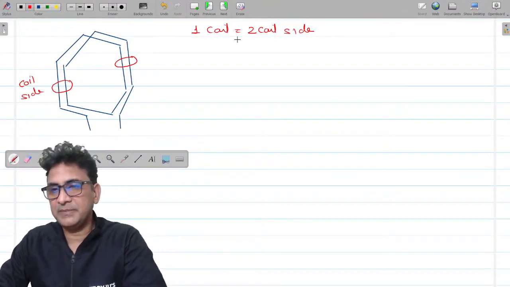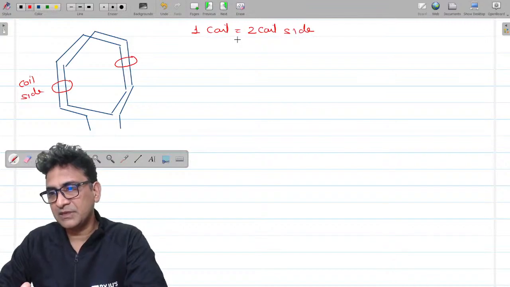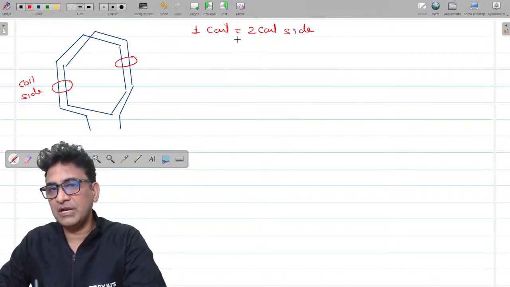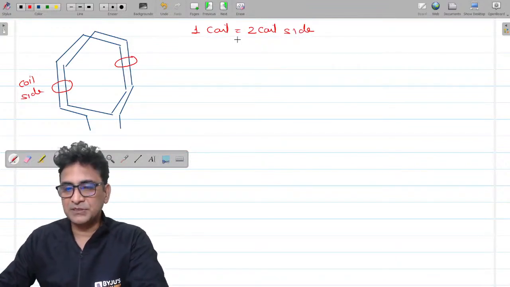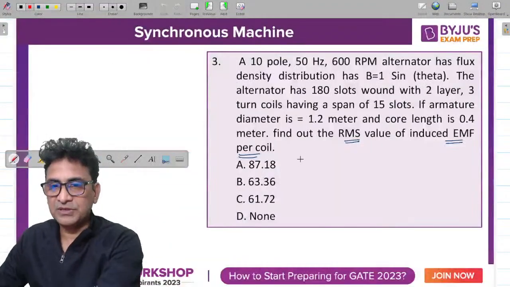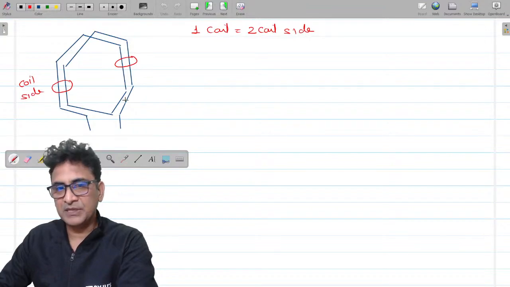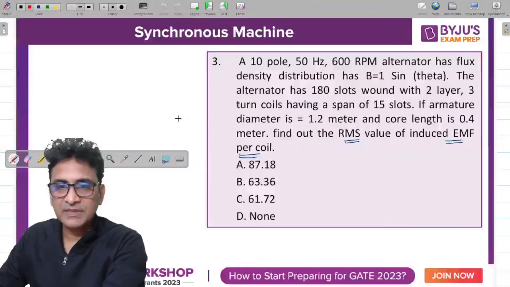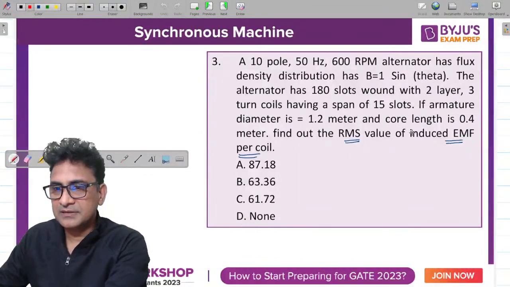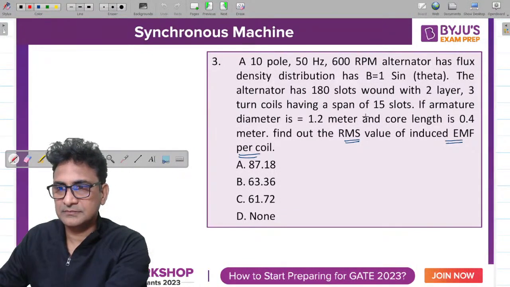A winding may have a large number of coils. The winding may have 2 coils, or 3 coils. So here we have to find out the induced EMF only in a single coil. So suppose it is a 3 turn coil.